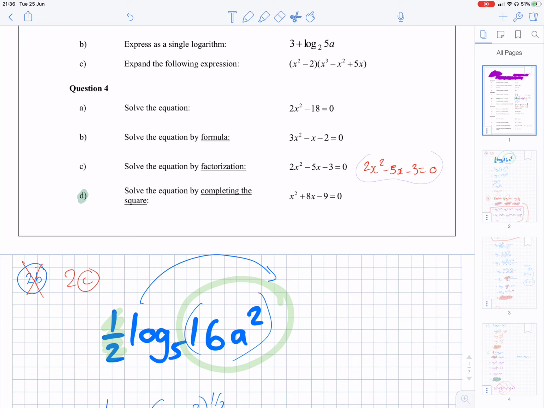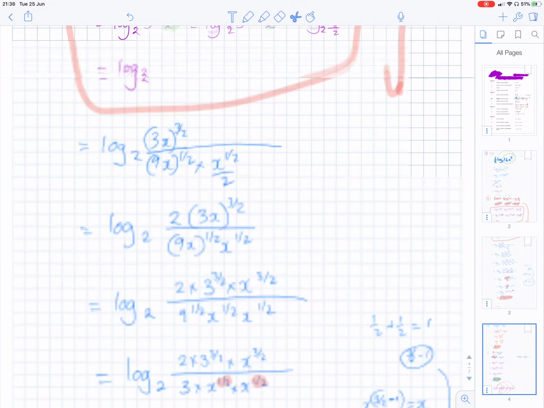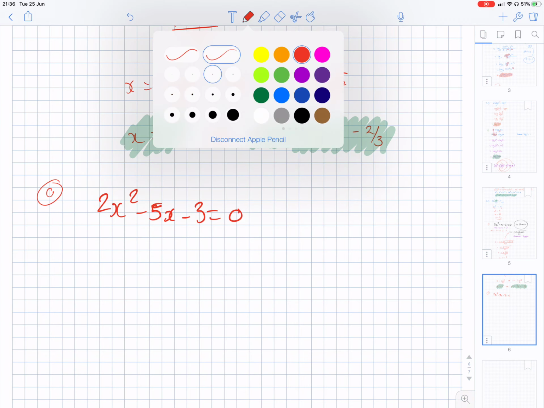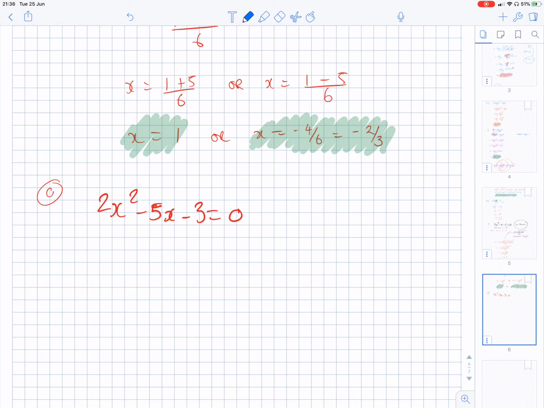Let's cut it and paste it here, make it bigger. I want to change the color. So what are we solving it by? We're solving it by factorization.